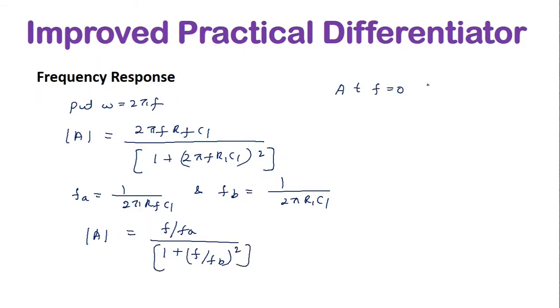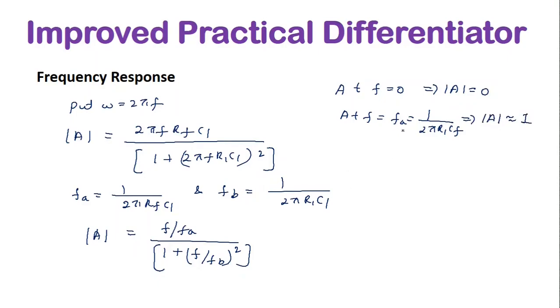At f is equal to 0, the magnitude of gain will be equal to 0, and at f is equal to fa, which is 1 upon 2 pi RF C1, when we put this value here in place of frequency f, we will get the magnitude of gain approximately equal to 1.